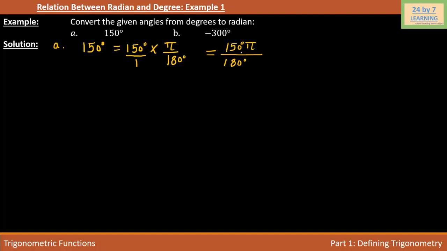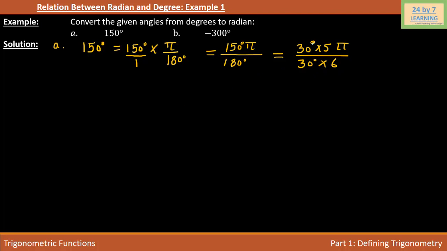Now, as you can see, we have a common factor in the numerator and denominator. So I'm going to first factor 150 and 180. We write 150 as 30 degrees times 5, and I have pi left, over 180, which is 30 degrees times 6, because 30 times 5 is 150 and 30 times 6 is 180.